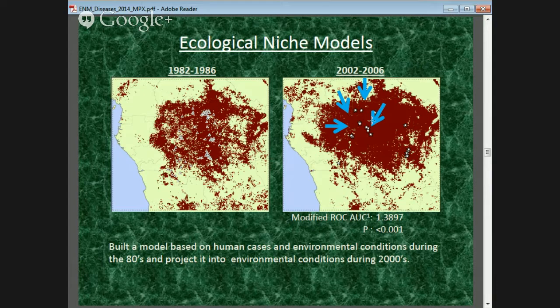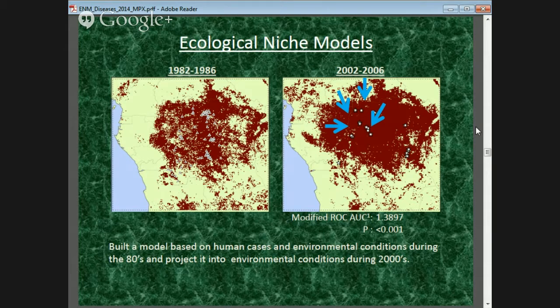And those stars in the right figure are cases that were recorded during that time. Some of them were up to 2009. The blue arrows represent other monkeypox cases that were reported after I made this figure. That's why I put these arrows in it. But they all fell in the predicted area for suitable environments for transmission of monkeypox.